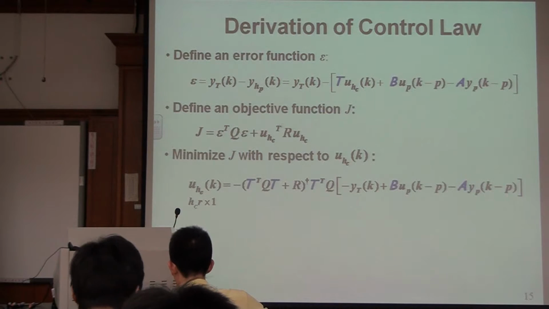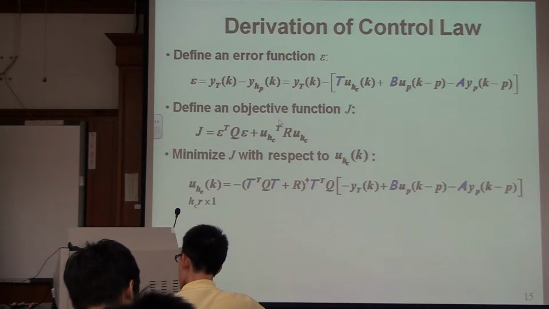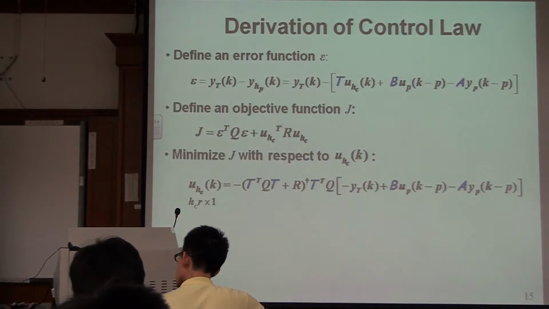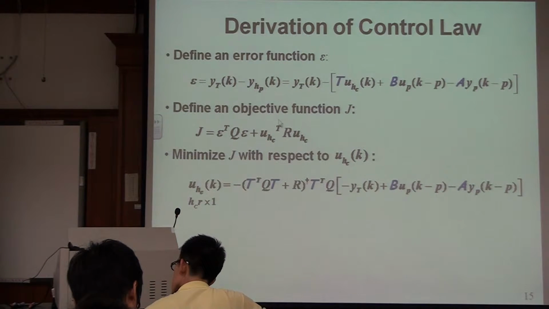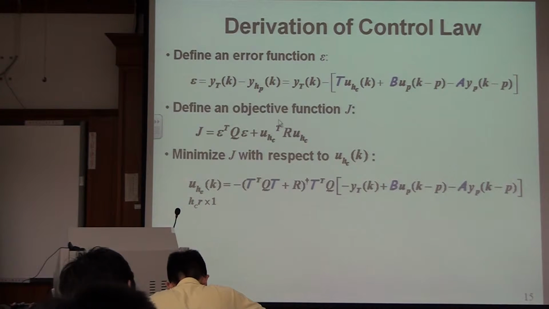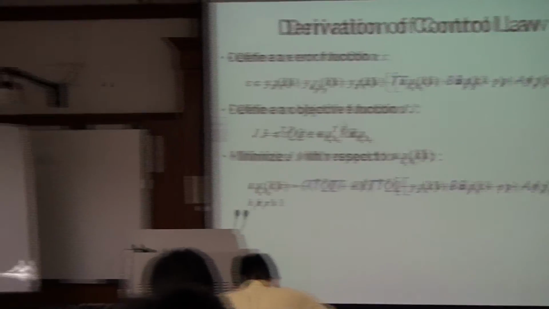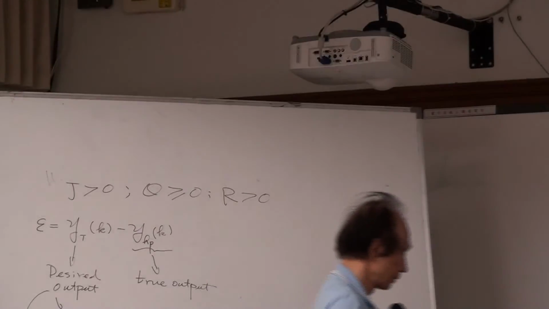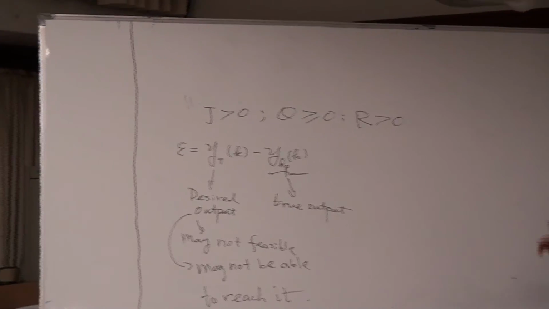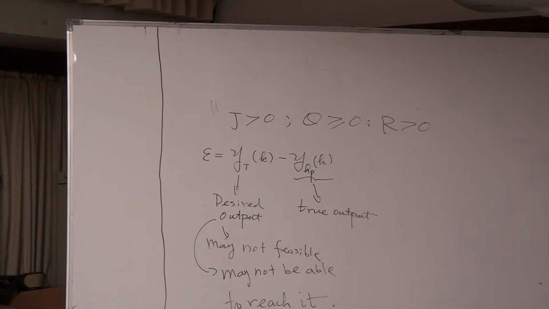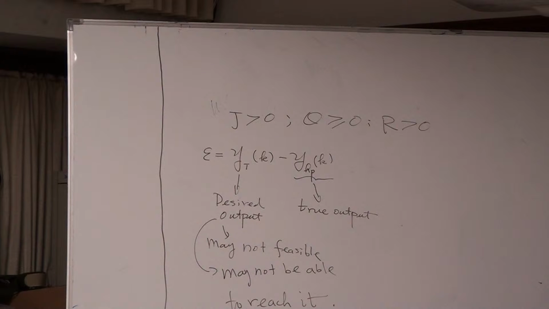Feasible means this desired output may not be able to reach it. For example, if you require a car, I say I want a 90-degree sharp turn.